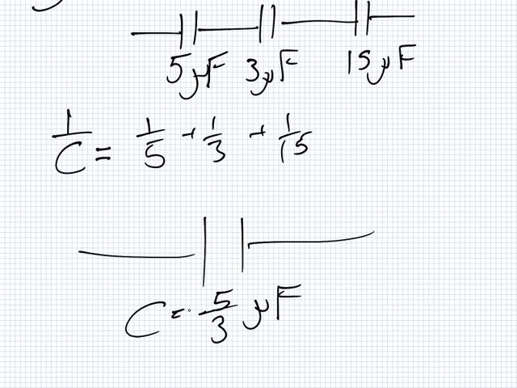And what's the next part? What does it say? Yeah, the B part. The capacitor is connected to 40.5 volts and is discharged.